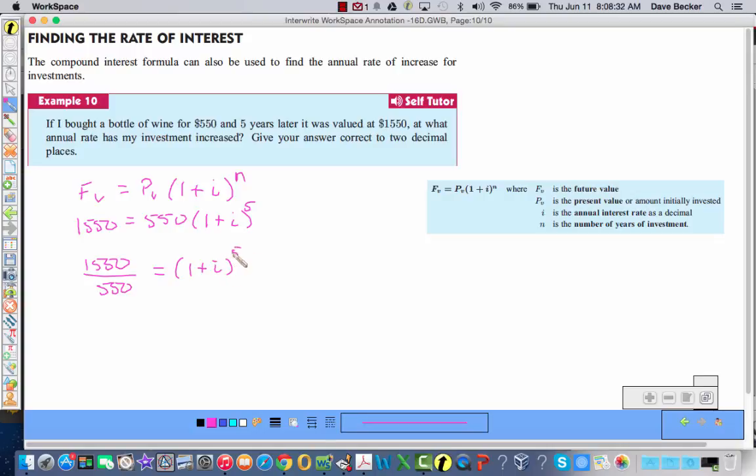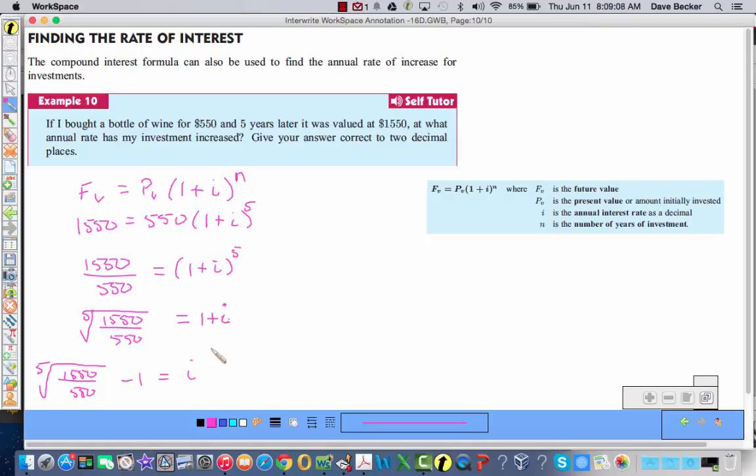And so then I would take the fifth root of both sides: the fifth root of 1550 over 550 equals 1 plus i. So then the fifth root of 1550 over 550 minus 1 is going to be equal to i.